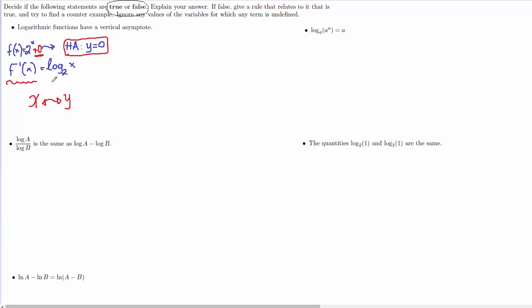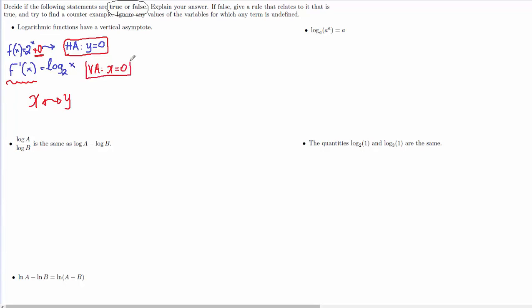We take the table and we invert the points in order to graph them, correct? And this is the same not only for the points, but for every other aspect of the curve that has to do with y's and x's. So if the horizontal asymptote is y equals 0 for that, then for the inverse, the vertical asymptote will be x equals 0.